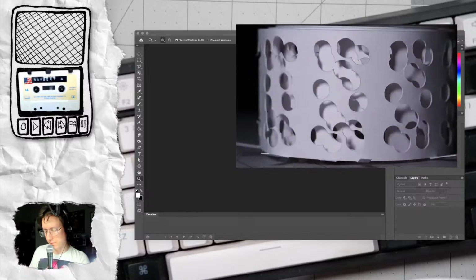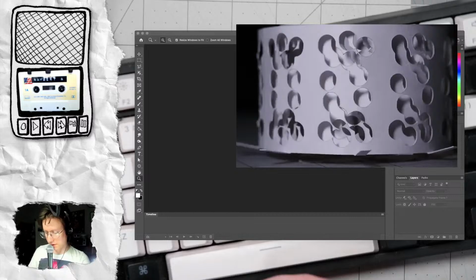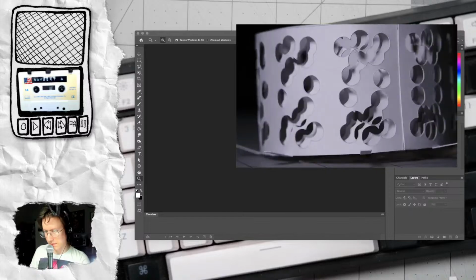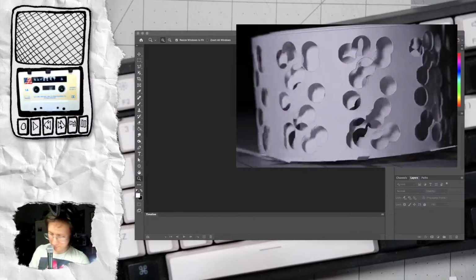This could probably benefit from placing it on something that doesn't have, like just putting it on top of a piece of paper and photographing it.